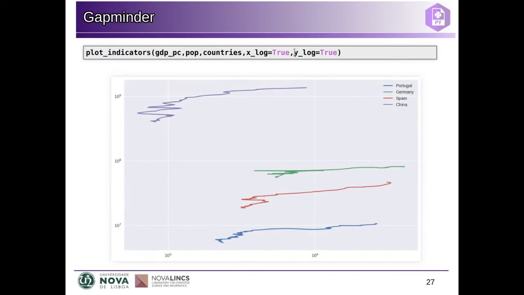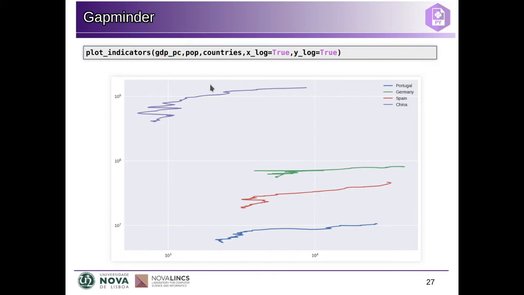But we can add the logarithmic scale to the y-axis too, and now at least we can see something, although it's all pretty much squeezed. But on a logarithmic scale, we can see that per capita GDP increased a lot faster than population.